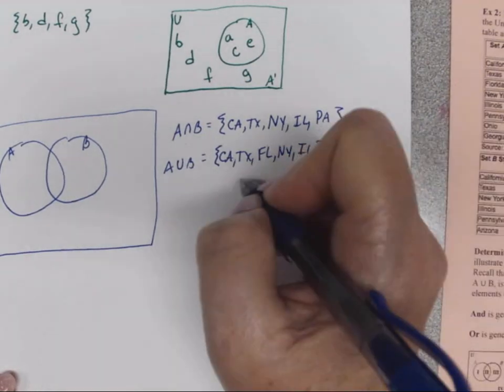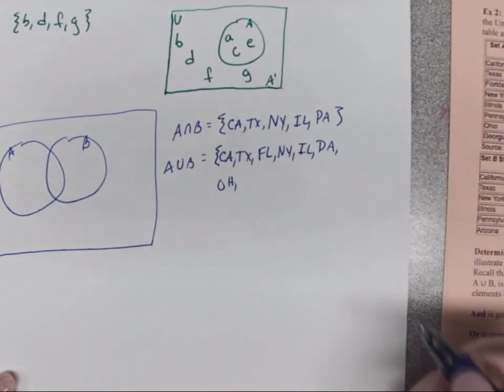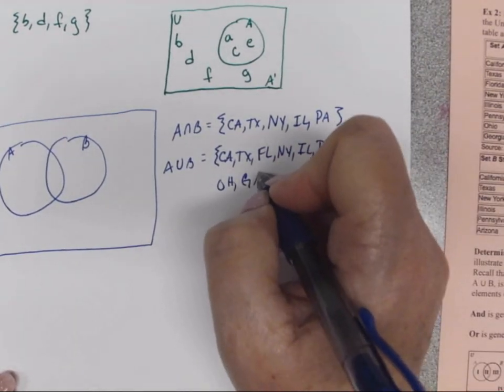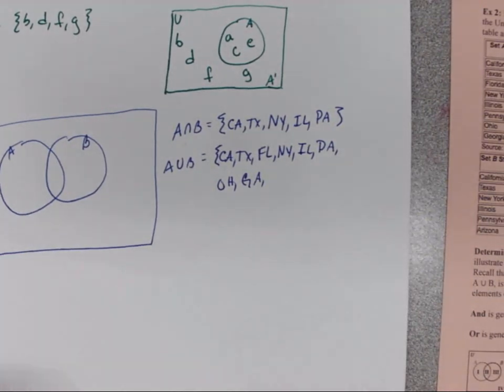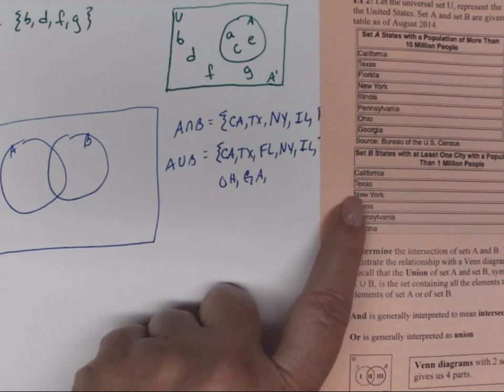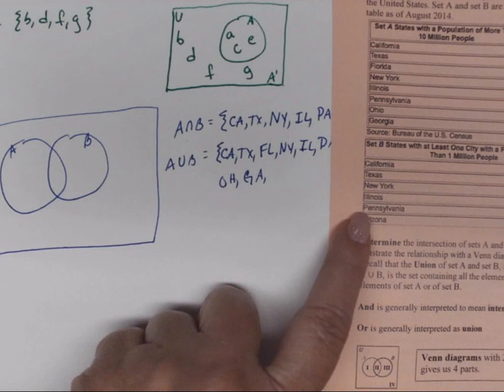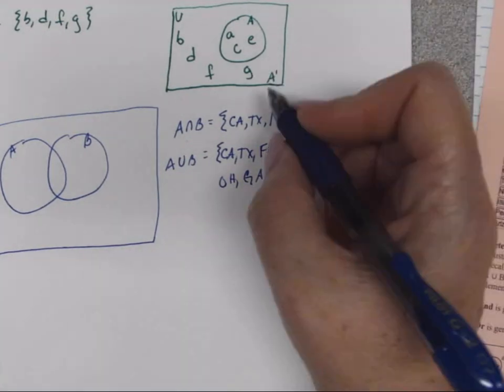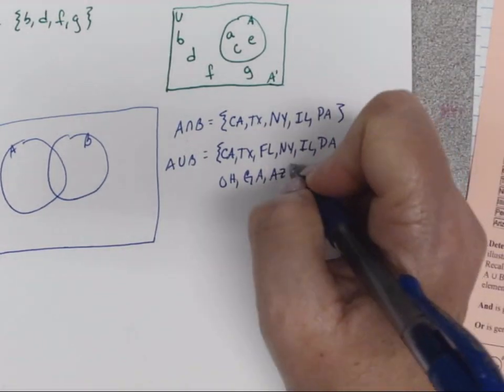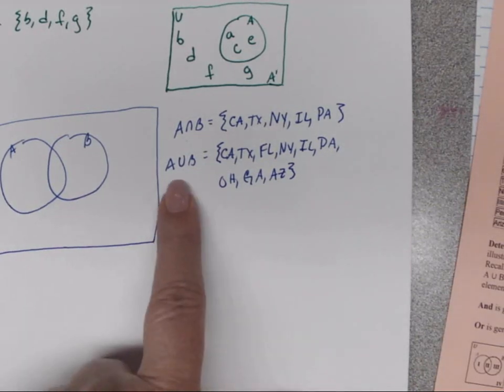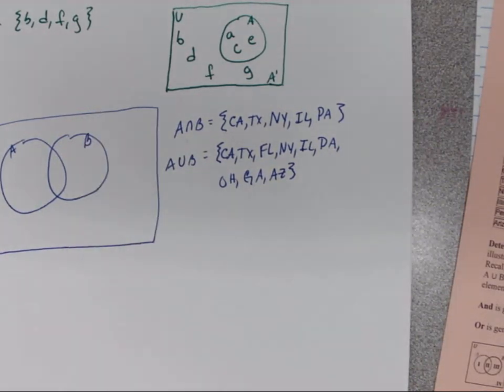I'm kind of running out of space. I'm going to come down here. And Georgia. And down here, we already have California, we already have Texas, we already have New York, Illinois, Pennsylvania. Oh, we need to add Arizona. So that is the union of all of set A and set B.